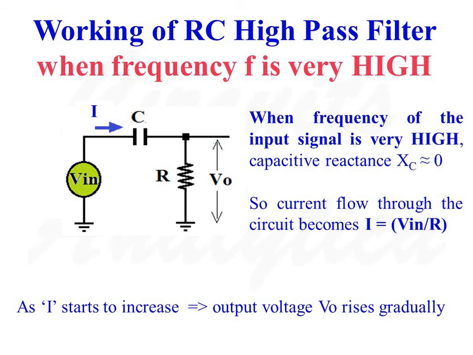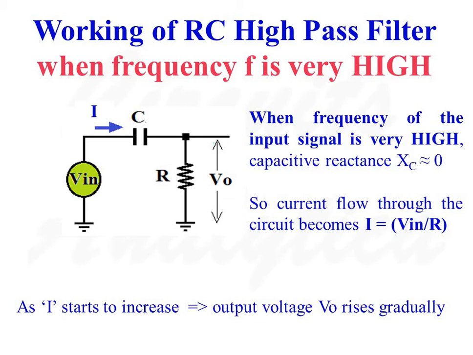Now let us discuss the operation of the circuit when frequency F is very high. When frequency of the input signal is very high, capacitive reactance Xc is approximately equal to 0.